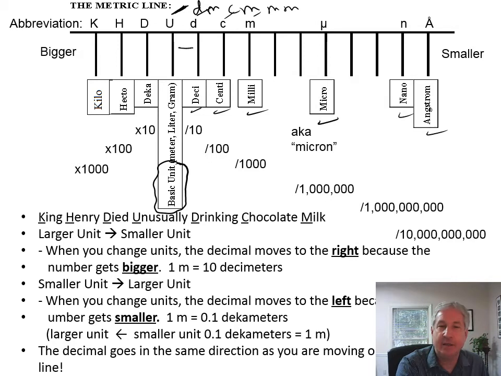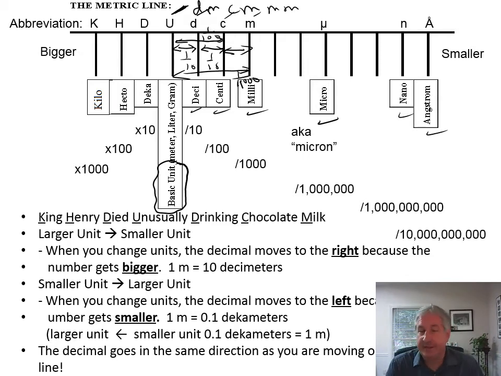This is a tenth, so this is divided by 10. This is another divide by 10, so from the unit to here is 1/100th. And this would be another divide by 10, so from here to here is 1/1000th.